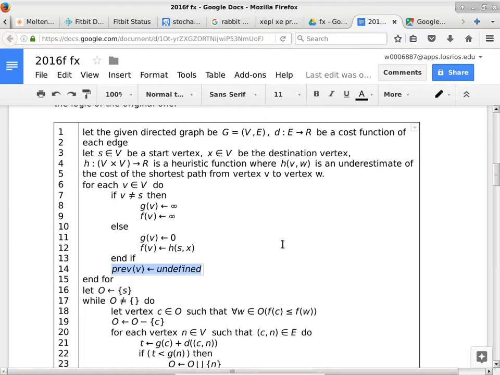It is only here to remember, in order to go back to the start state, who's my previous. They're all initialized to undefined. If you have 5 vertices, all 5 vertices have the previous vertex undefined, but they will be defined as we go through the algorithm. This is a way for us to track the shortest path from the destination back to the start vertex.